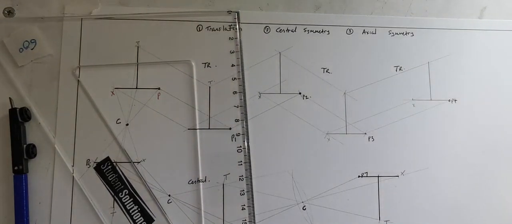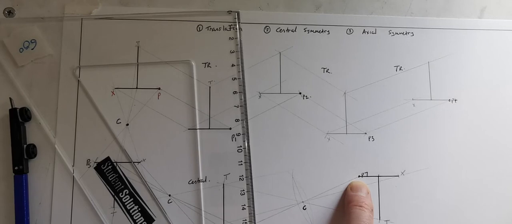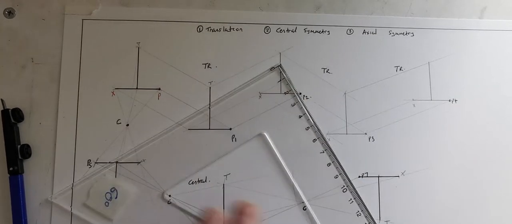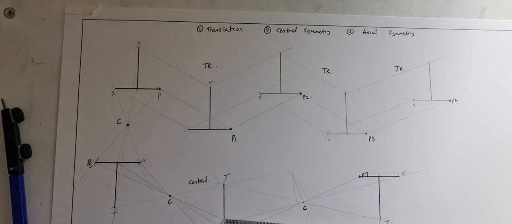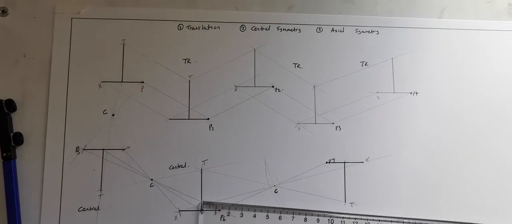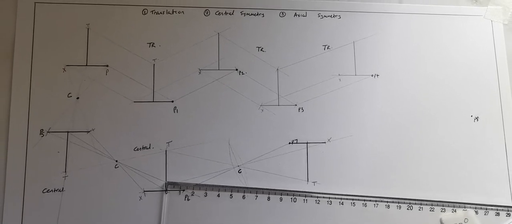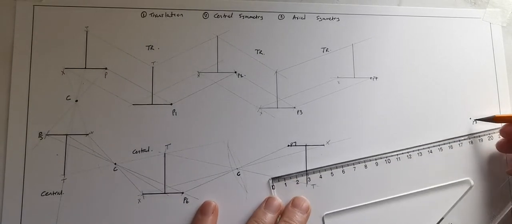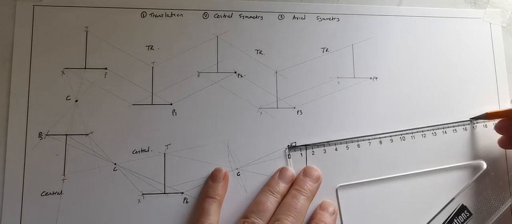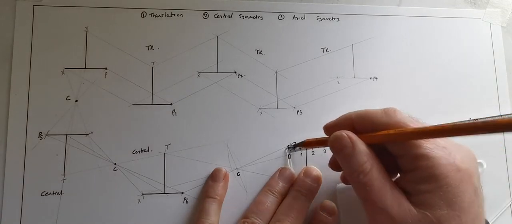I'm just going to take P7, and pick a point over here, picking it up a bit. I'm going to call this P8, just a random point. So again, join P7 to P8.